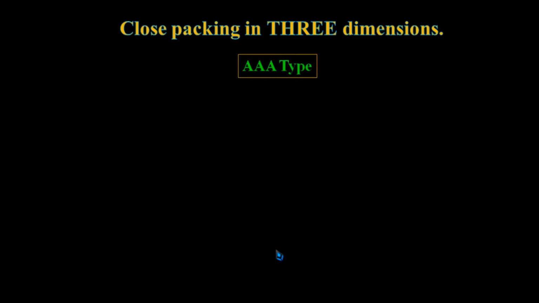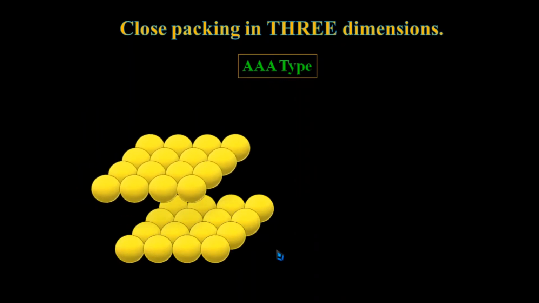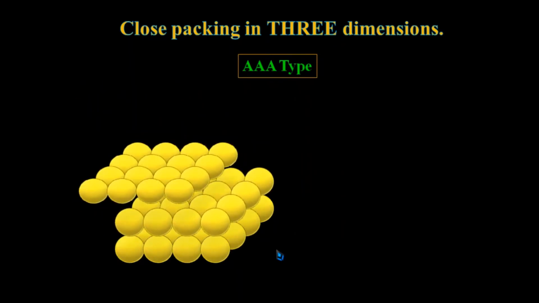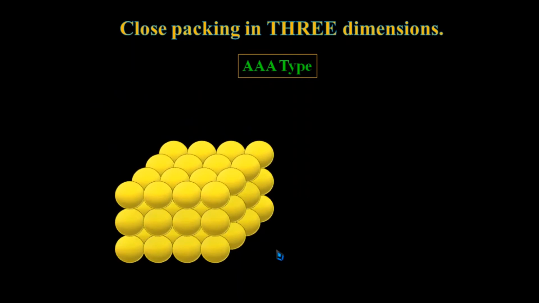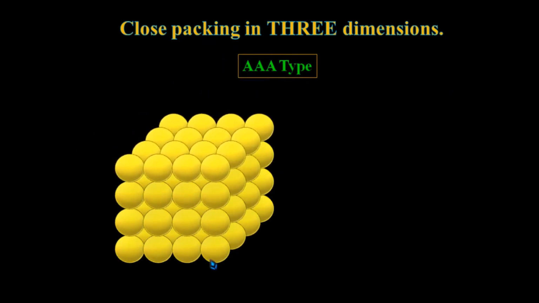In this arrangement, the two-dimensional AAA type square close packed layers are placed one above the other. These are placed in such a way that the crest of all spheres are in contact with the successive layer in all directions.